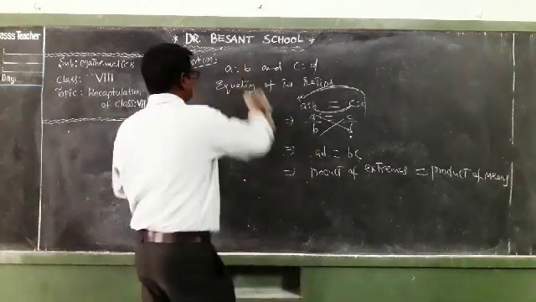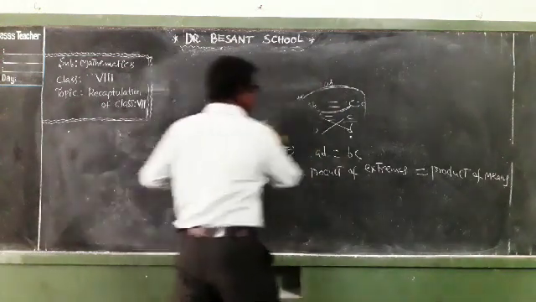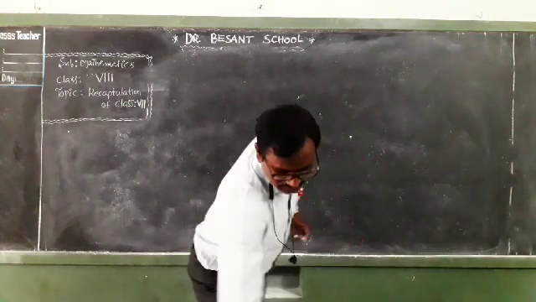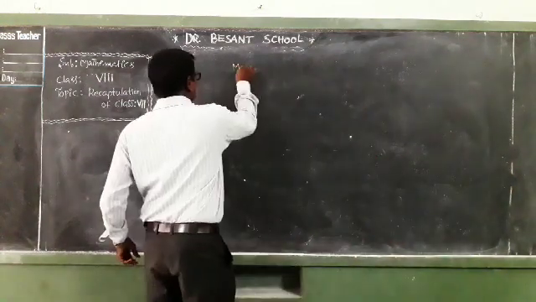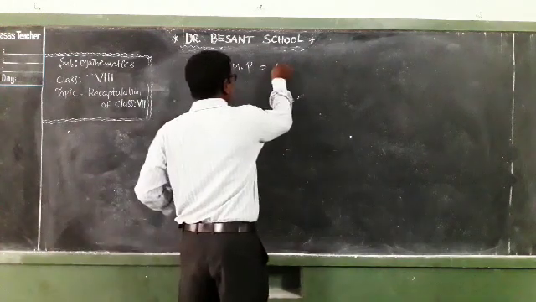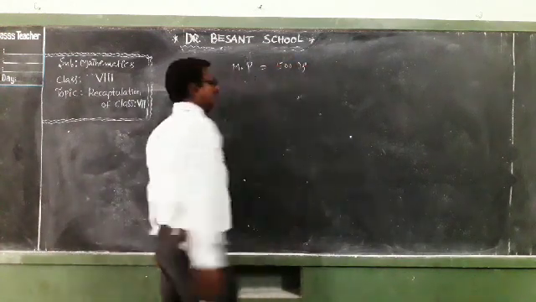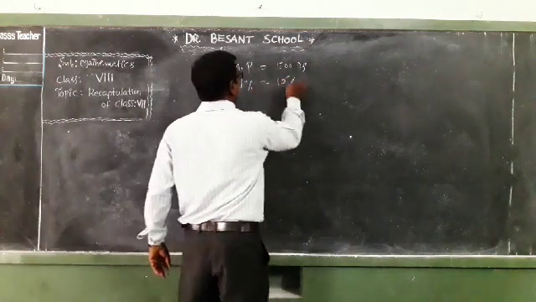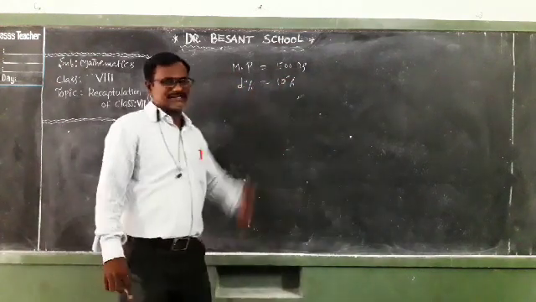Now, what we learned from this chapter, ratio and its applications. For example, suppose the market price of an article is 500 rupees. A shopkeeper allows a discount of 10% to sell that article.